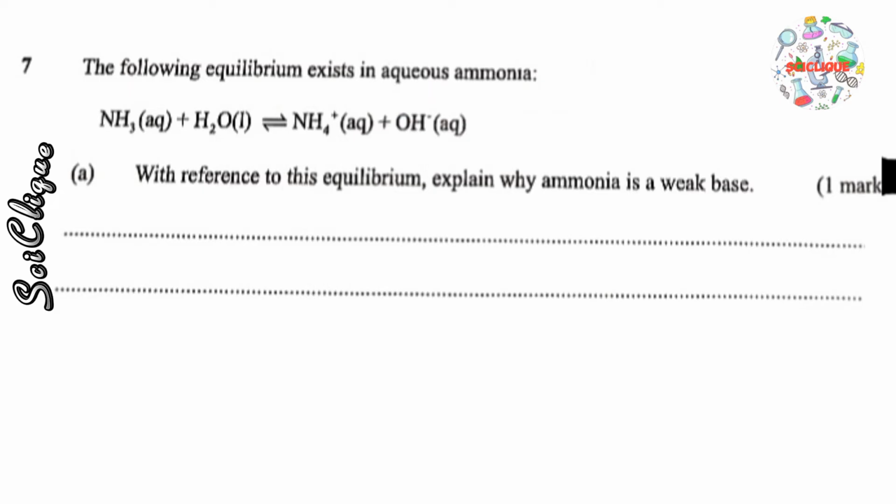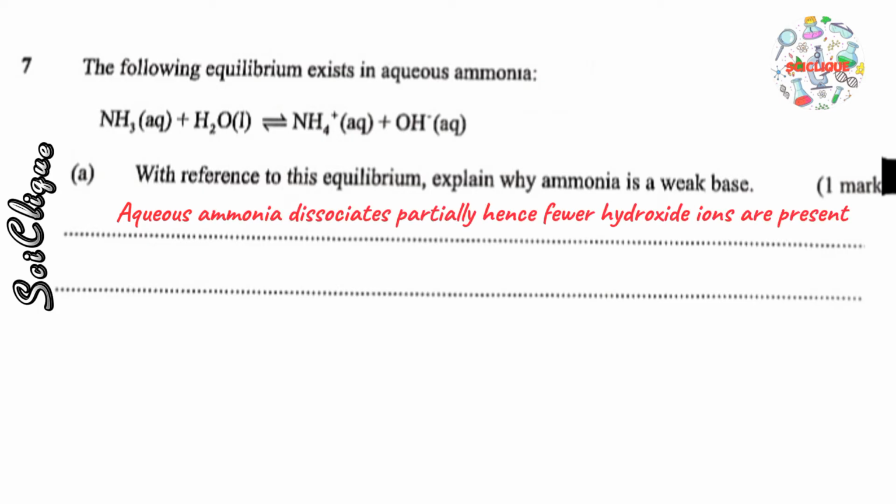Now, part A tells us, with reference to this equilibrium, explain why ammonia is a weak base. So we already know aqueous ammonia is a base, but the question is asking us why it would be a weak base. The reason is that aqueous ammonia partially dissociates. Now, there are 2 types of bases with regards to strength: strong bases and weak bases.